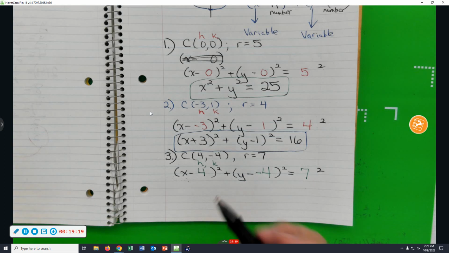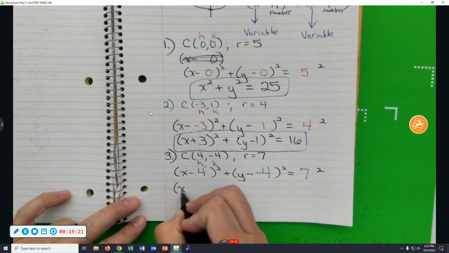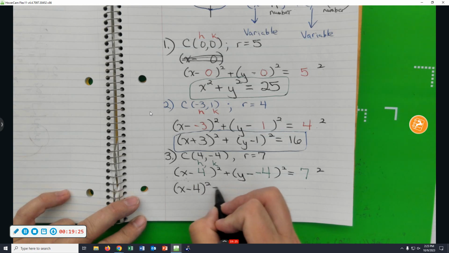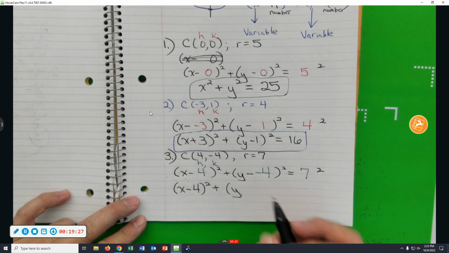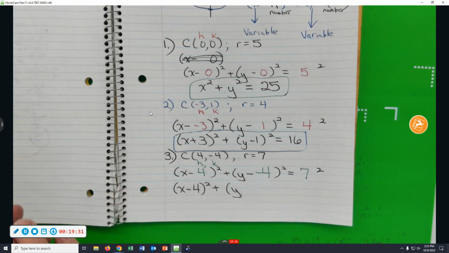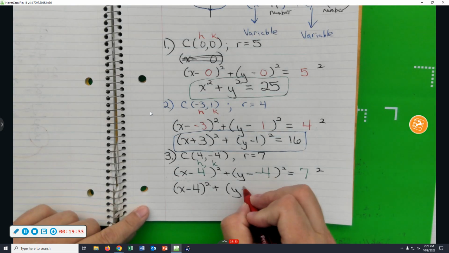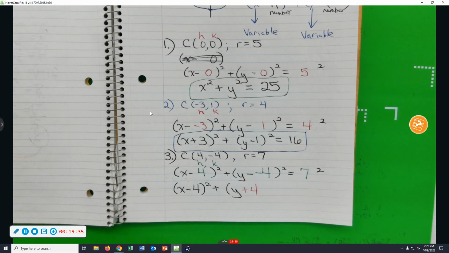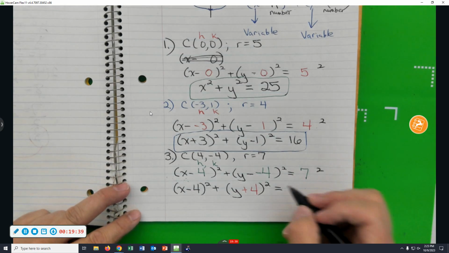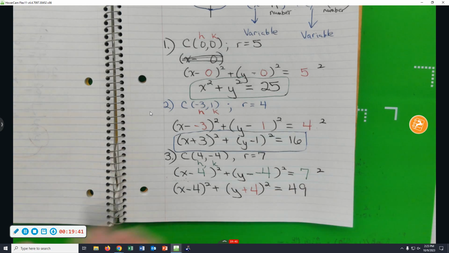But if it's up to you, leave it in center radius form. So you just have an x minus 4 squared plus a y, that minus a negative becomes a plus 4 quantity squared equals 7 squared is 49.